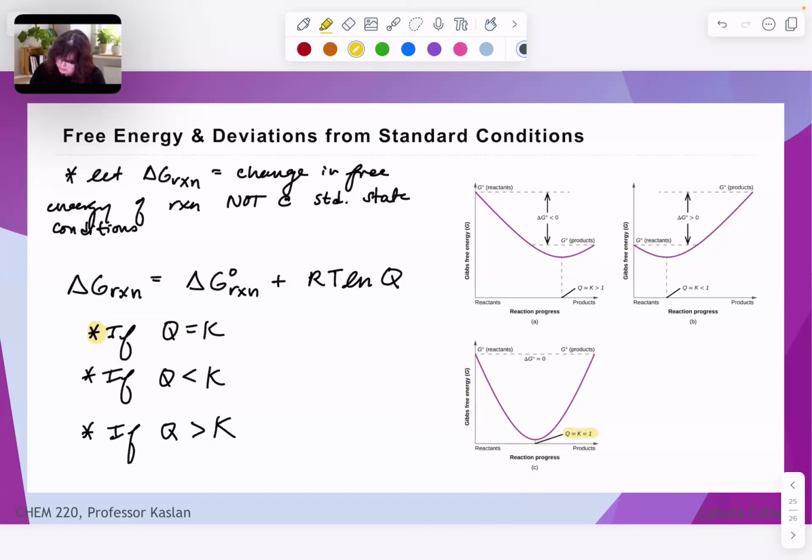So if we are looking at how Gibbs free energy, G, changes against the reaction progress, where we call this middle state here the lowest or zero point energy of the reaction, where we're at equilibrium, then if we are at a reaction quotient that is equal to K, we are at equilibrium.